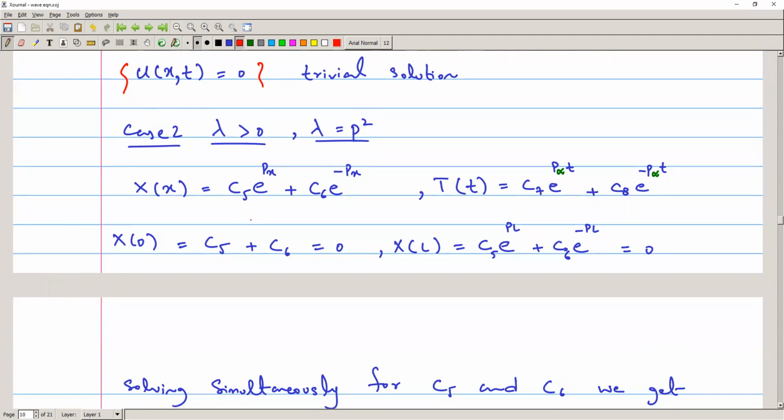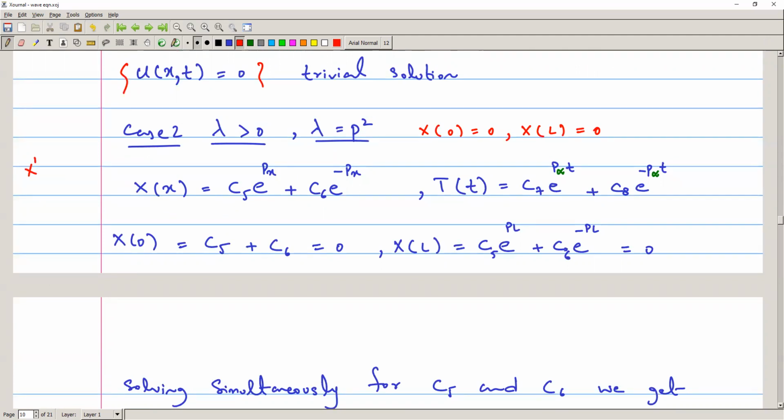For case 2, we will take lambda greater than 0. Therefore, we take lambda equal to p squared, and then we will construct the solution and apply the boundary conditions. Here it will be a second order ordinary differential equation, and we know how to construct the solution for it.